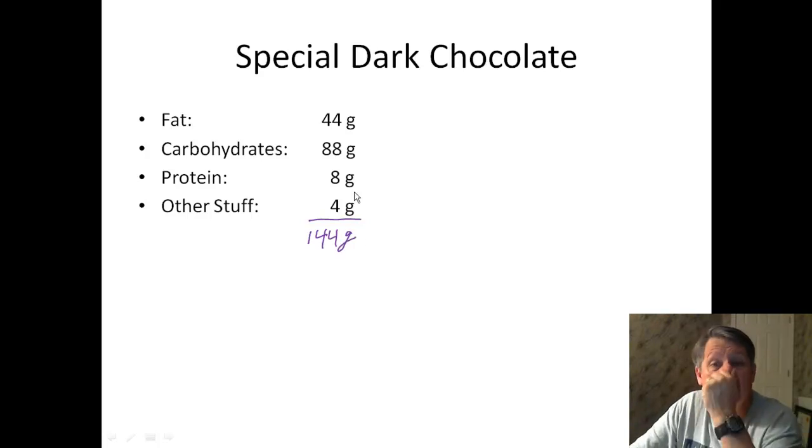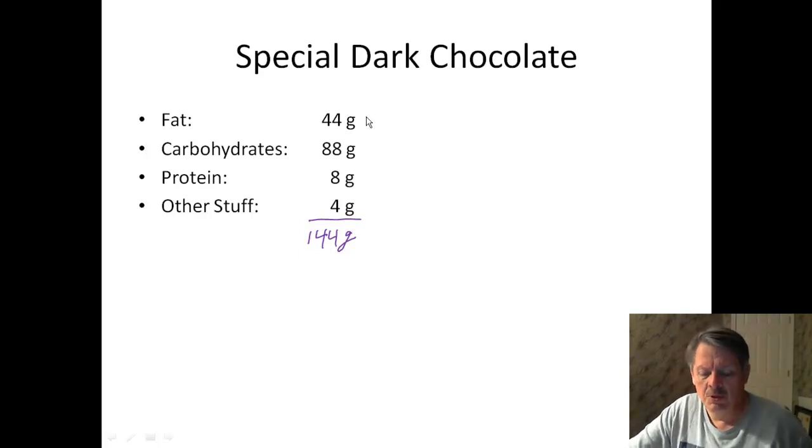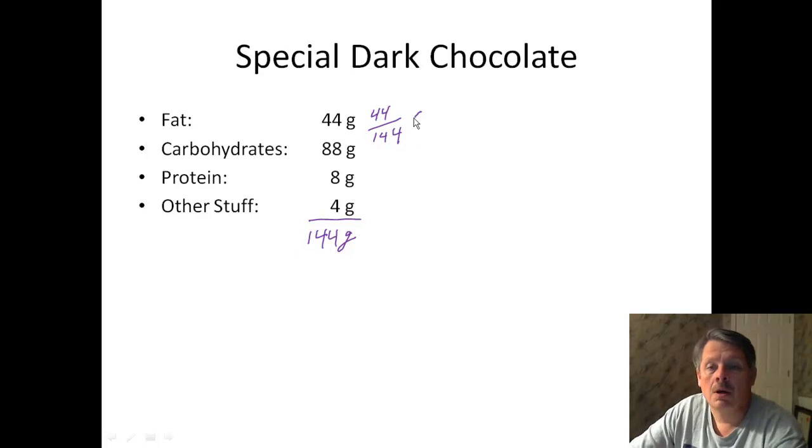Now, how do you figure out percentages? You should be very familiar with percentages from previous work, but let's say I have 44, and I divide that by 144, and that's going to give me a decimal number. If we take that and multiply by 100%, that will give us 30.6%.